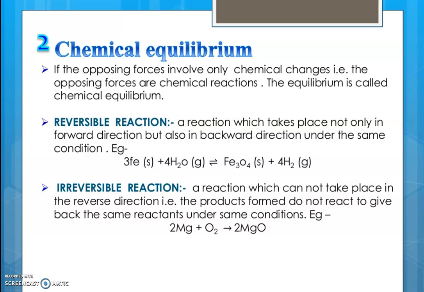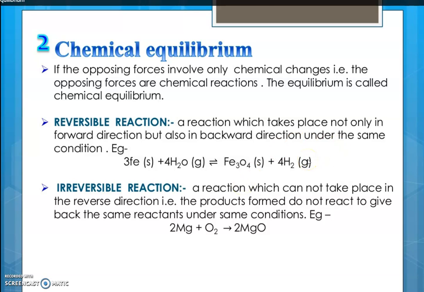We know what a reversible reaction and an irreversible reaction are. Reversible reaction: if a reaction occurs reversely, we can call it a reversible reaction. For example, here is given the formation of Fe3O4. If we react iron, that is Fe, with water, we get Fe3O4 and hydrogen gas.